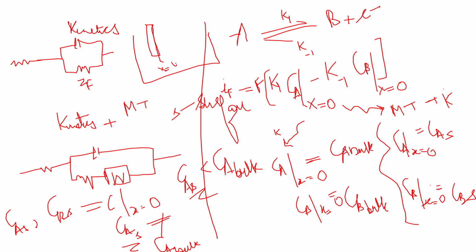And you have a boundary layer, delta, which can vary from 0 to a finite value, or it can be as high as infinity. That is the case for the semi-infinite boundary layer condition. So at x equal to 0, we write Cas or Cbs, and at this particular point, I will write Ca bulk or Cb bulk. So this is what we are looking into.